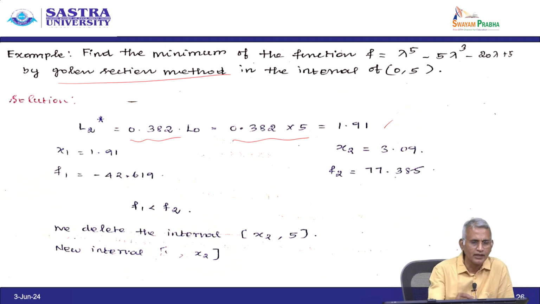Now, x1 equal to 1.91 and then x2, then corresponding f1, calculate it. f1 equal to f of x1, substitute 1.91 in the lambda, lambda cube and so on. So, that minus 42.619 will come, and then we have x2 equal to 3.09.